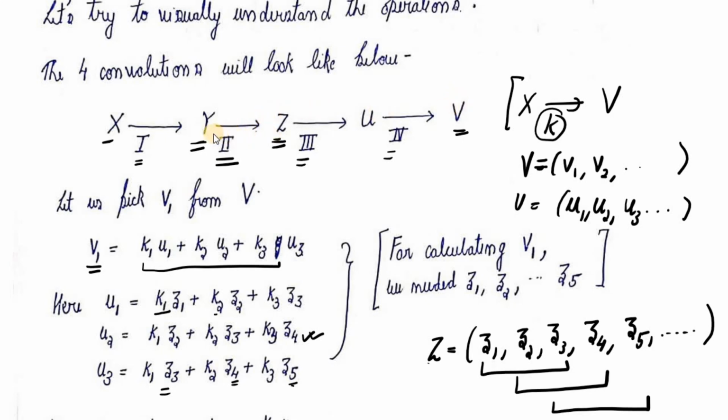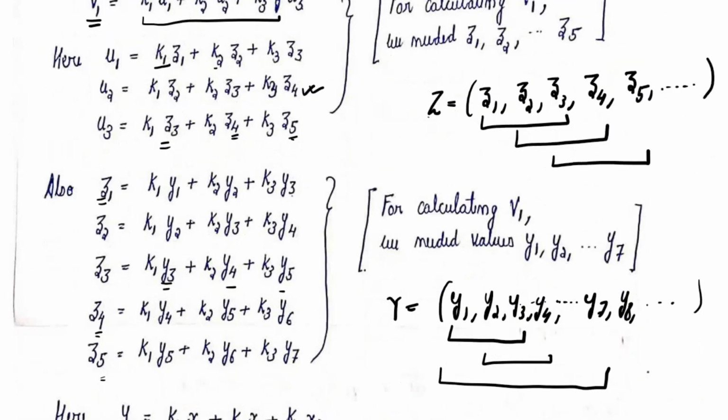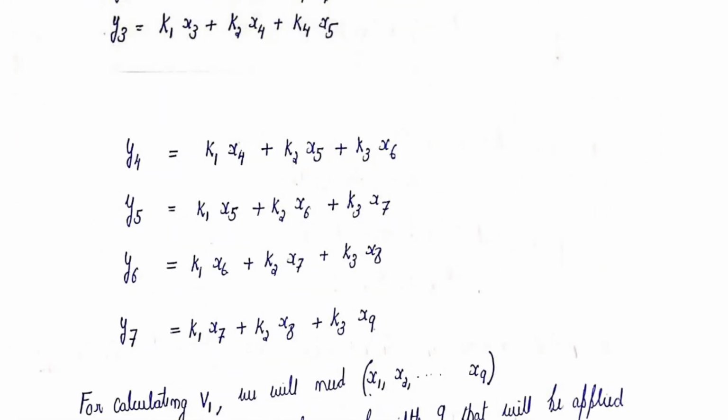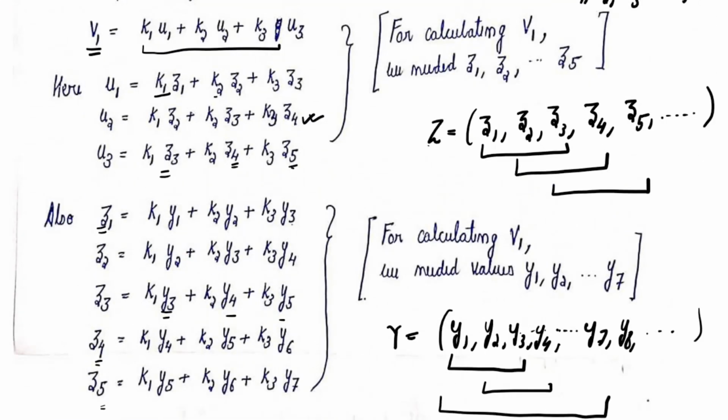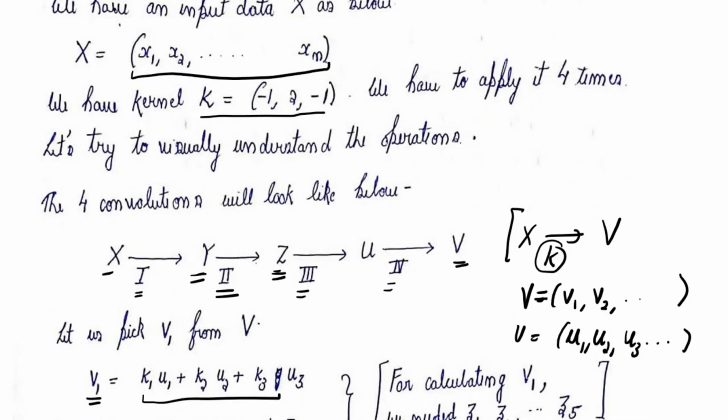We propagate a bit further, we come to Y and see how many units of Y are needed. Over here we realize that we need at least 7 units of Y to calculate 1 unit of V1. So we need 7 y's to calculate 1 V1.